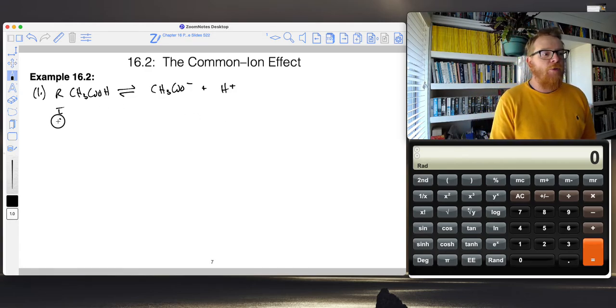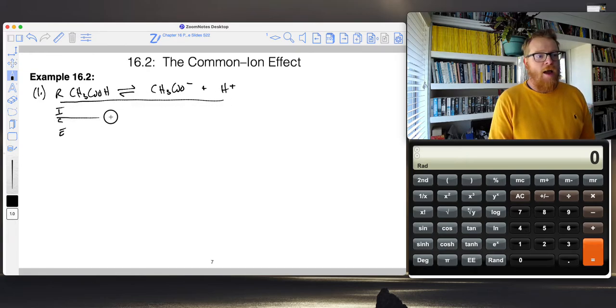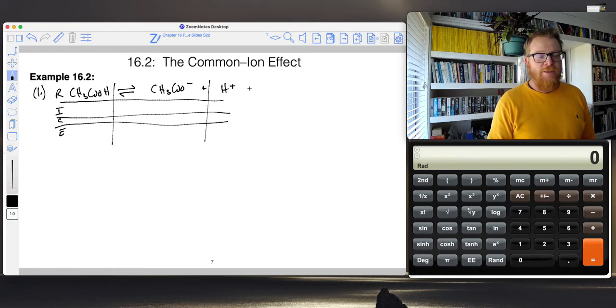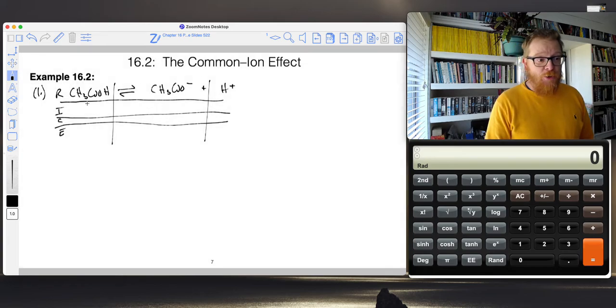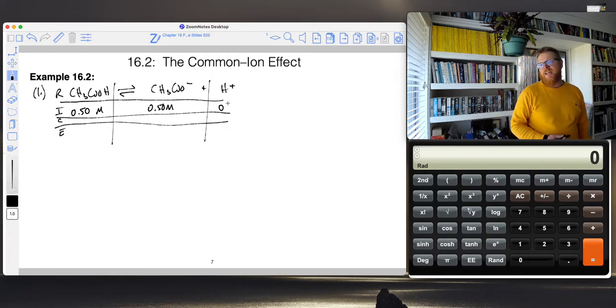If we go through here and set up our RICE table, we should now at this point be pretty good and practiced with this. I still can't seem to draw these lines straight at all, but that's okay. So 0.5 molar acetic acid, 0.5 molar sodium acetate. We say that we've got 0.5 molar of this, 0.5 molar of this, and we're going to have 0 of that stuff initially.